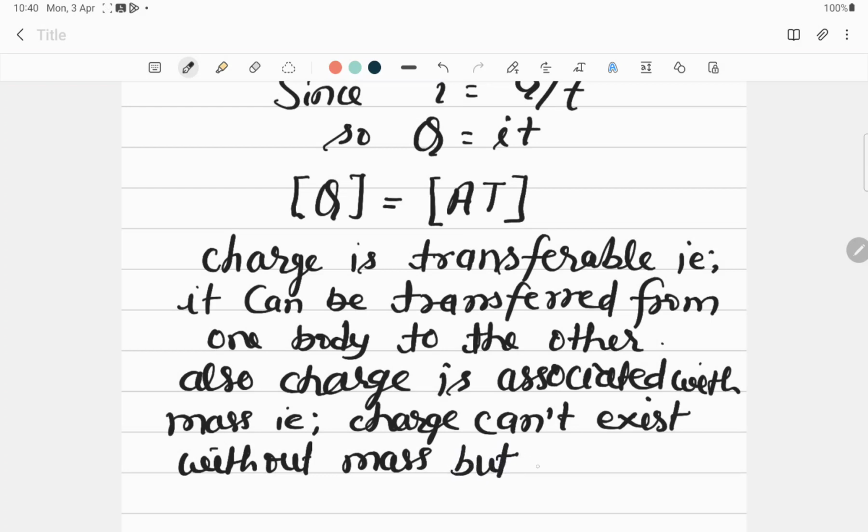But the reverse is not true. It means that charge cannot exist without mass, but mass can exist without charge.